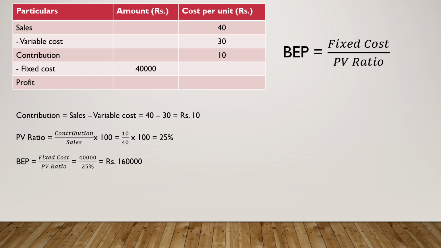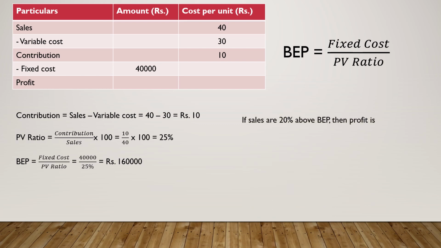The normal mistake which is done by every student is they write 40,000 divided by 25, not 25%, which will give you a wrong answer. It should be 40,000 divided by 25%. Then only you will get the correct answer. In this case, it is rupees 1,60,000.